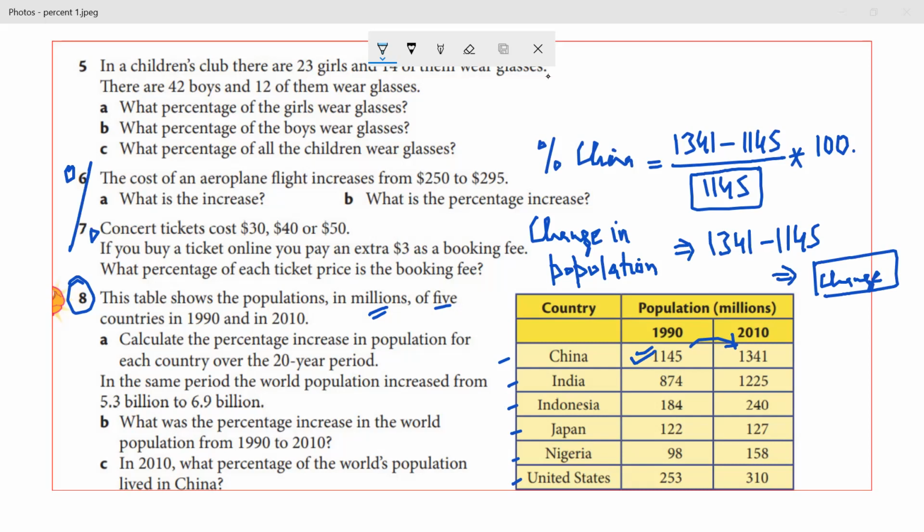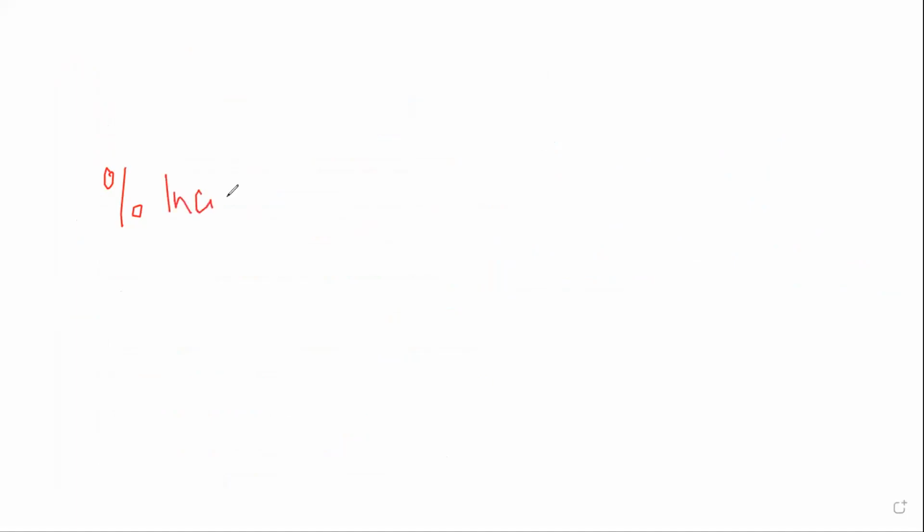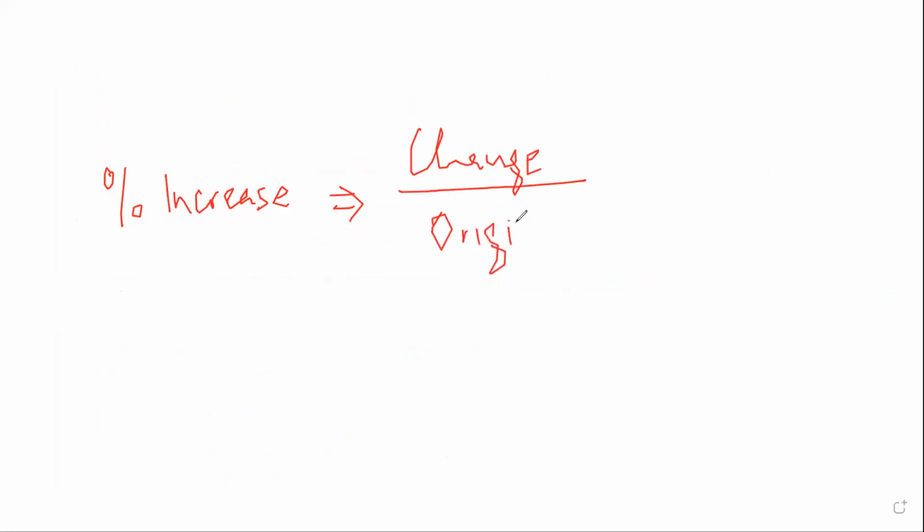Percentage increase is equal to change upon original into 100. Sarthak, any doubt?